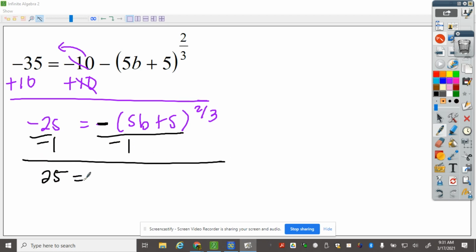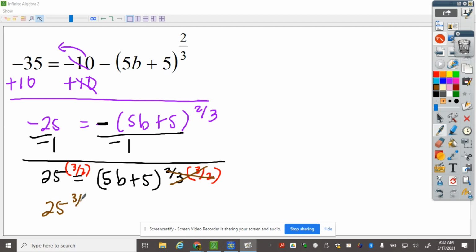That gives us 25 is equal to 5b plus 5 raised to 2 thirds. Again, we have to get rid of 2 thirds by multiplying by the reciprocal. 2 thirds times 3 halves will just cancel out because that will be 6 over 6. That will leave us 25 to the 3 halves is equal to 5b plus 5.